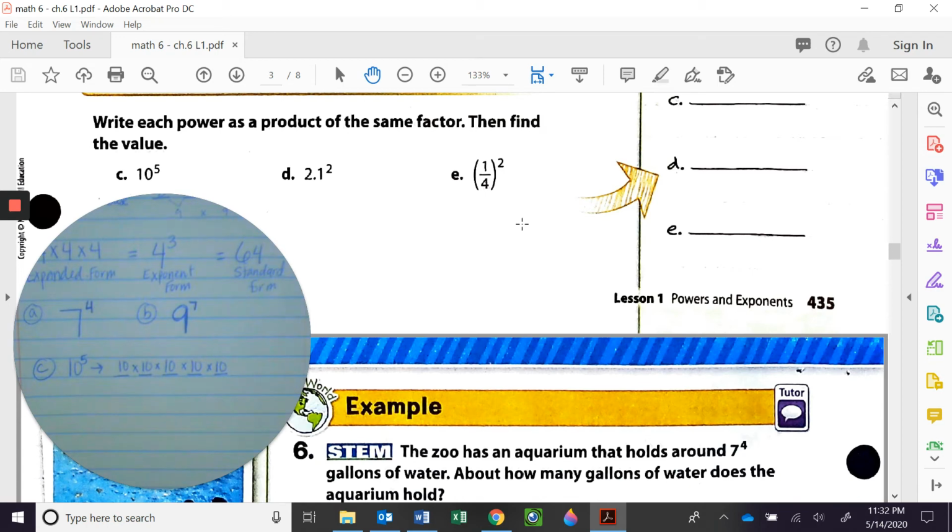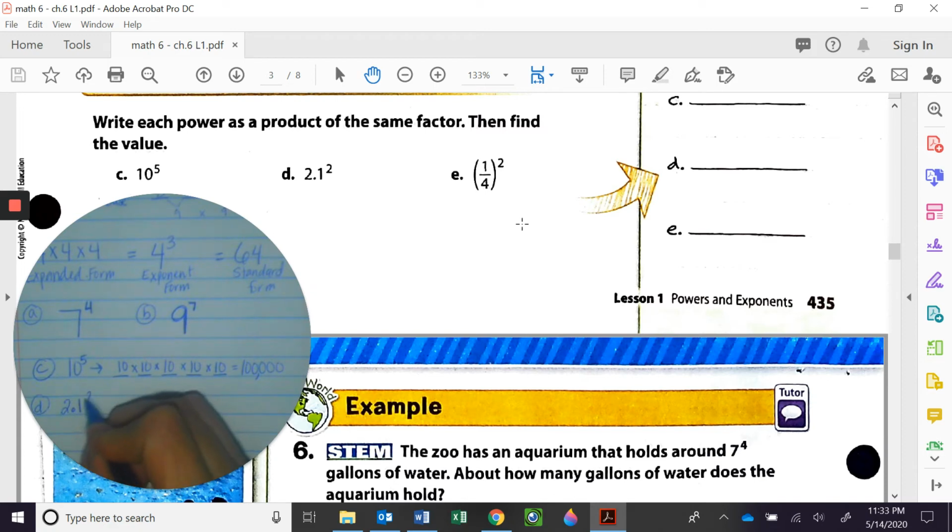Then it wants you to find the value, which is the standard form. So 10 times 10 times 10 times 10 times 10 is 100,000. The reason I did that so quickly is, especially when you're dealing with zeros, you just count them: 1, 2, 3, 4, 5 zeros. And 1 times 1 is still 1. So 100,000.